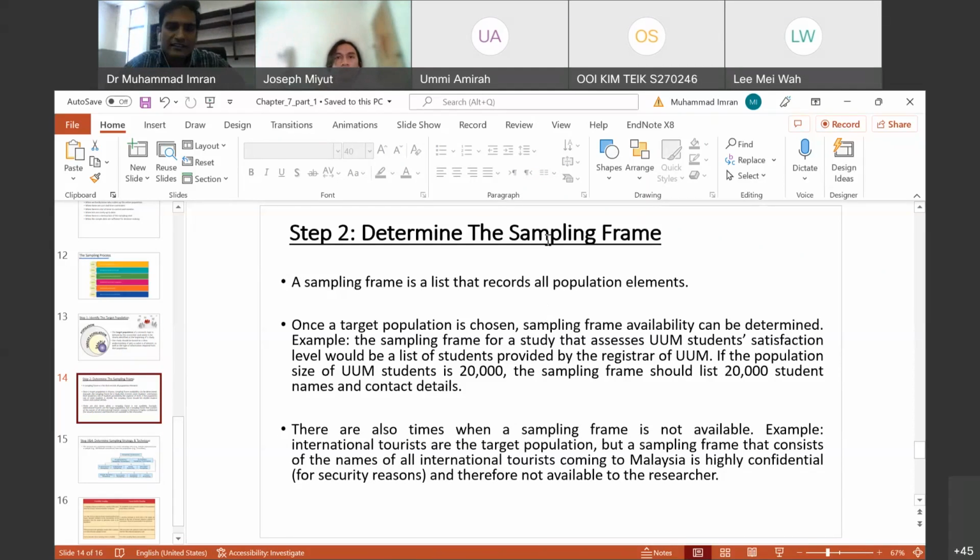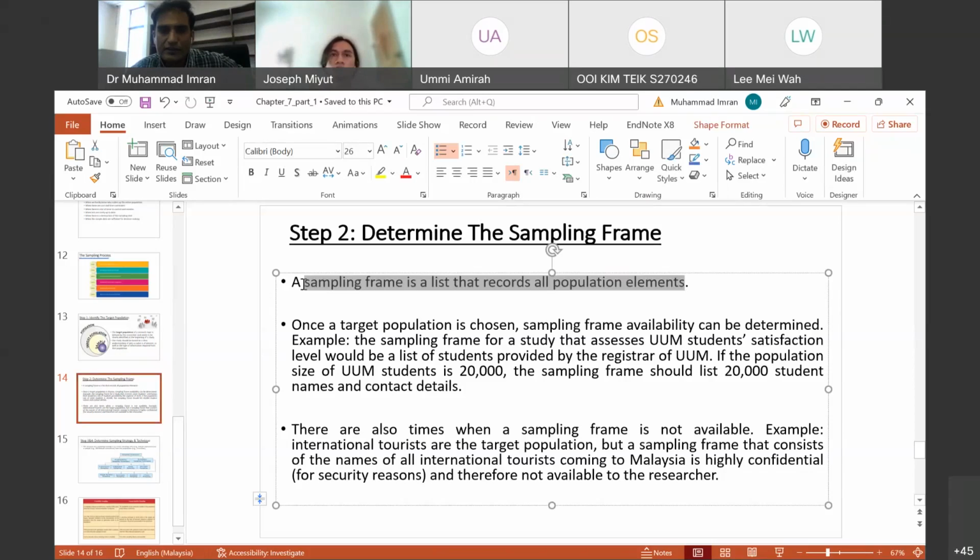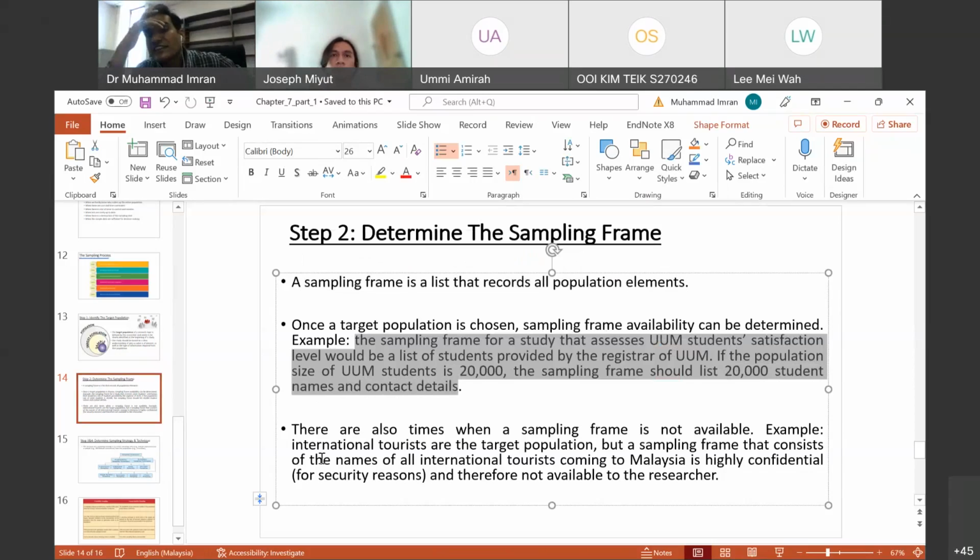See here, let's cover the sampling frame: the list that records all population elements, how many elements are included in the population. Once the target population is chosen, sampling frame availability can be determined. Example, very simple: the sampling frame of a study that assesses UUM student satisfaction, because we are going to measure student satisfaction in UUM.